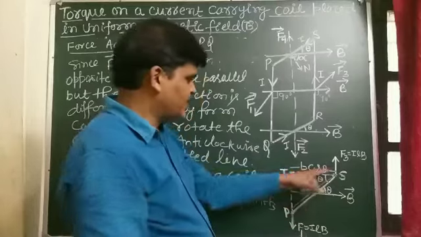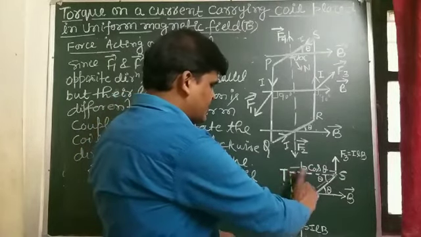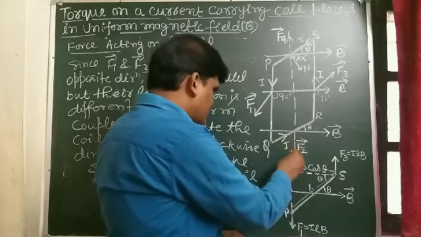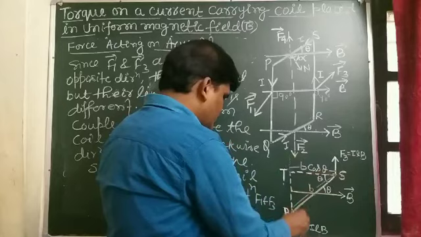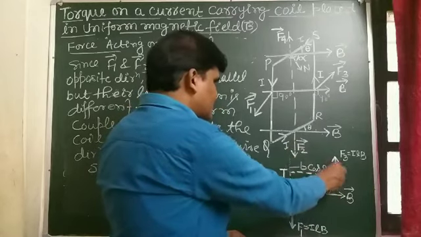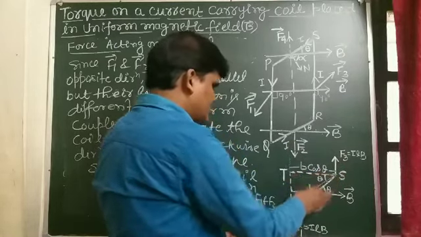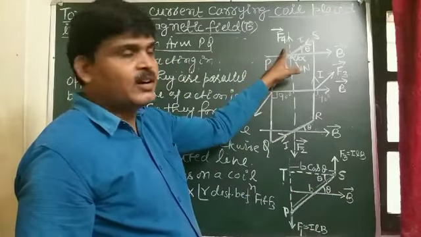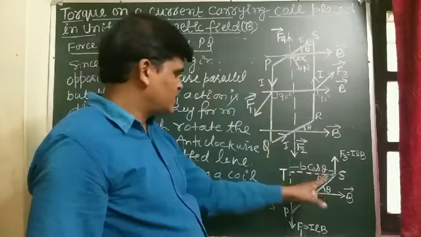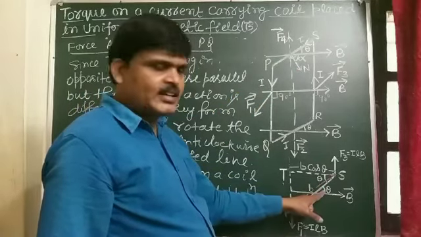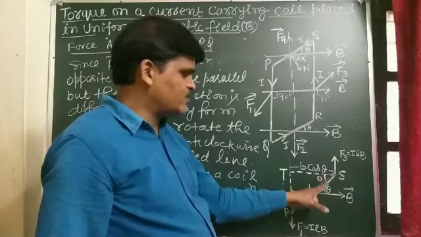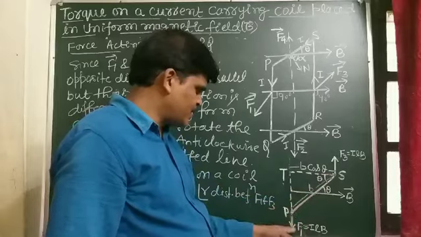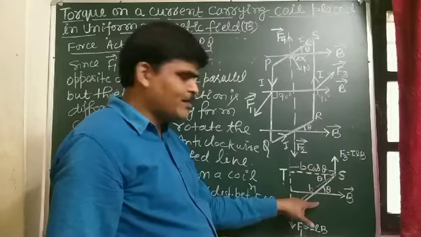We have to find this distance because if we produce in the upward direction, F1 here, F3 here, so what is the perpendicular distance? And student, you know that SP is the breadth of the rectangular coil. So SP is B. This is angle theta, so this angle must also be theta.